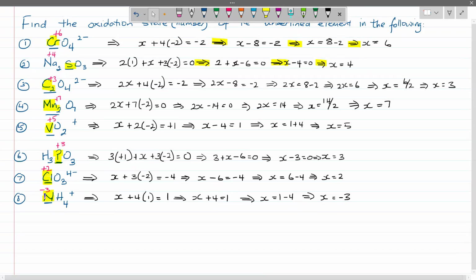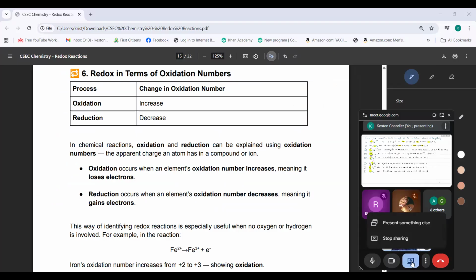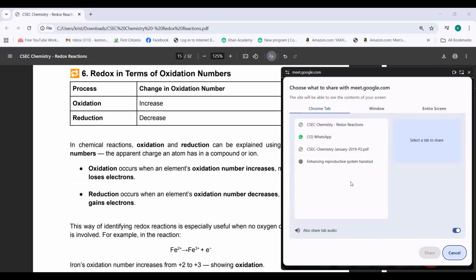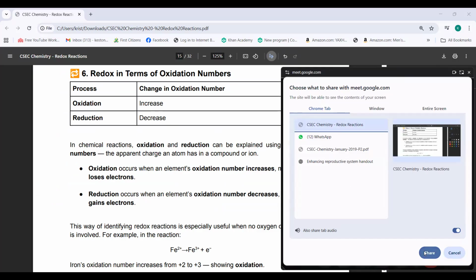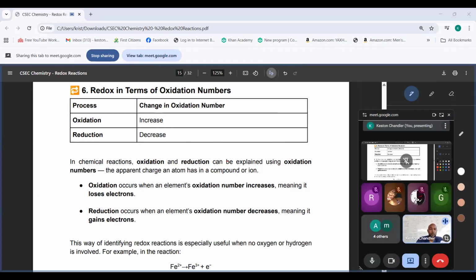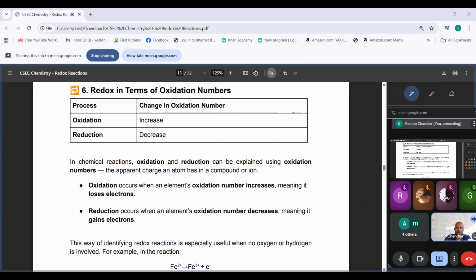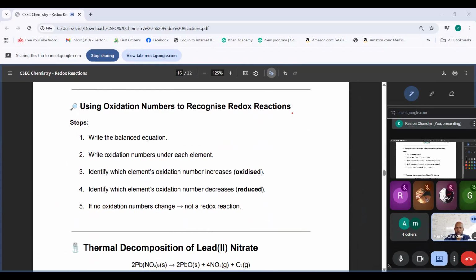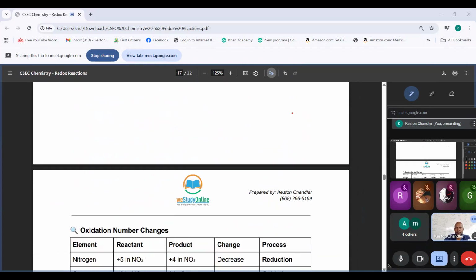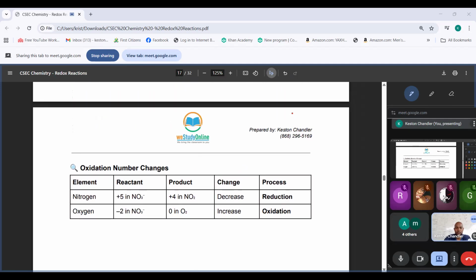Okay, so we covered a bit on redox reactions. We still have a few more things to do on it, but we're gonna put a pin in it there for today.